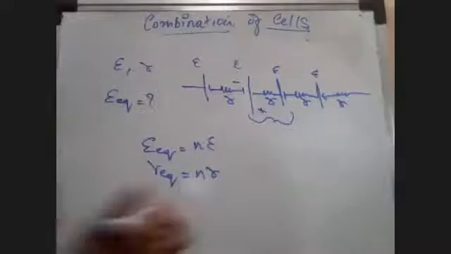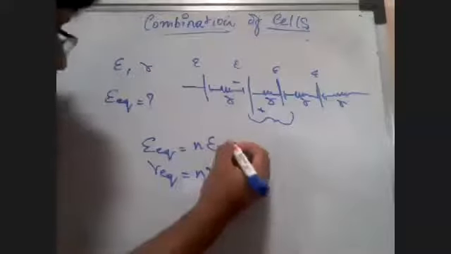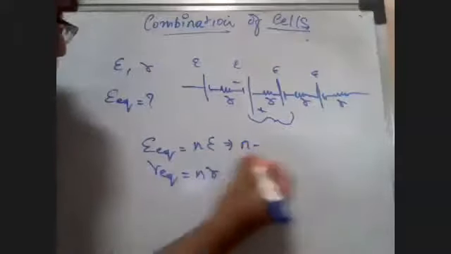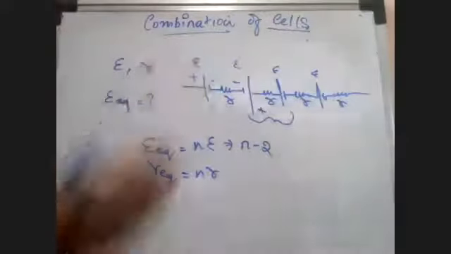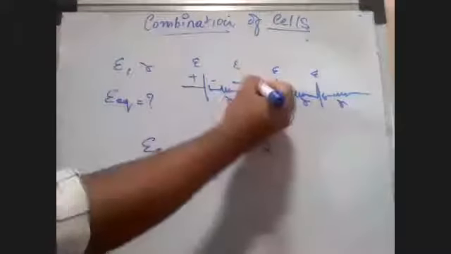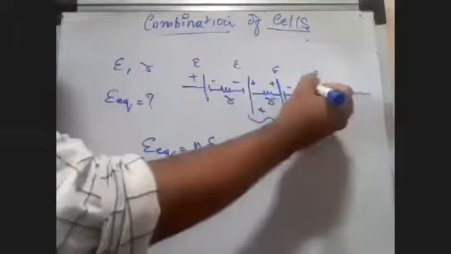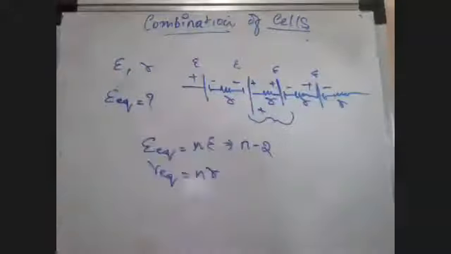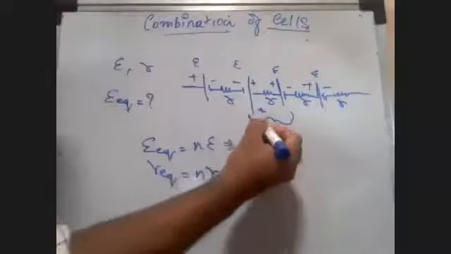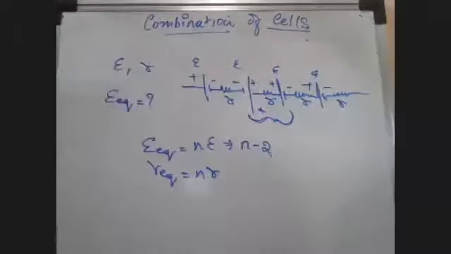Sir, it would cancel the other one also, no, on the left-hand side? Why will it cancel? The positive of this is over here, the negative is over here. I reverse the polarity now. Can you see? So these two cells are neutralizing each other. They are cancelling each other's potential.